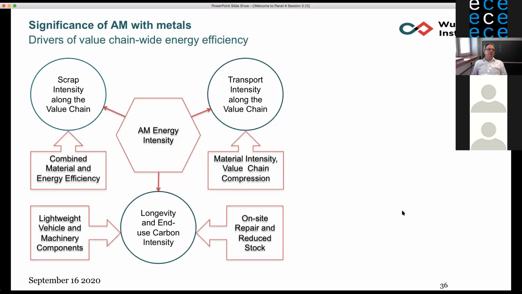Yes, and the drivers of value chain-wide energy efficiency, they may be distributed in a much more diverse manner along the whole value chain. This is what I have already mentioned. And what are the main drivers of that? Well, of course, we are first looking at AM energy intensity as a processing technology as compared to other processing technologies.